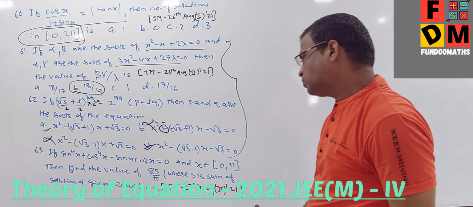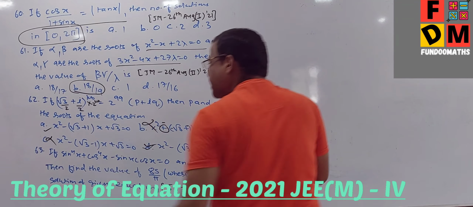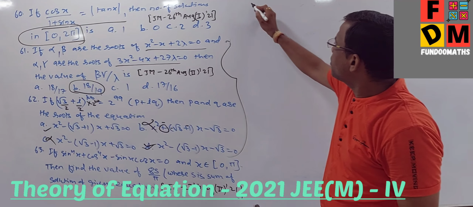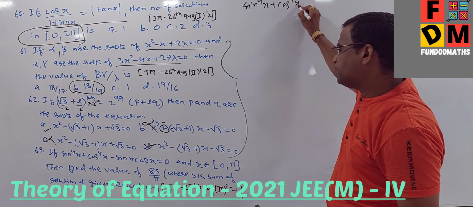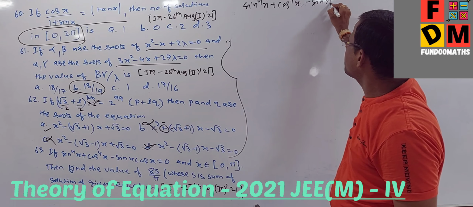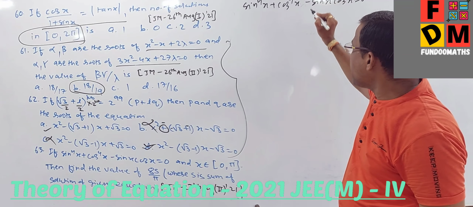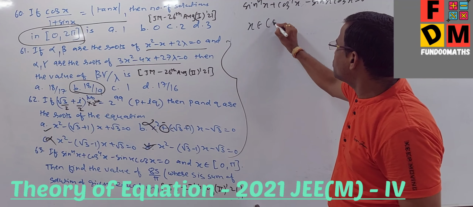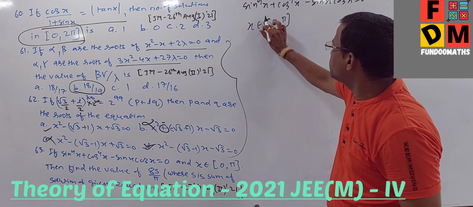Fine. Then comes the fourth question. I wish that you guys can see this fourth question. If no, then I will just write it down. It's again a trigonometry based question. Question is sin power 4x plus cos power 4x minus sin x cos x is equal to 0 is the relation they have given, and x belongs to 0 to pi, close interval.